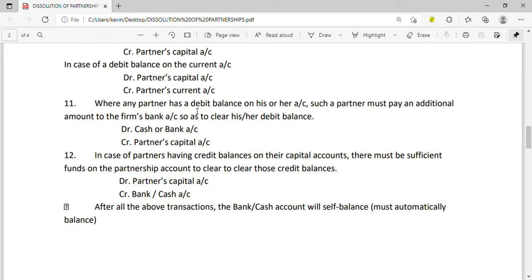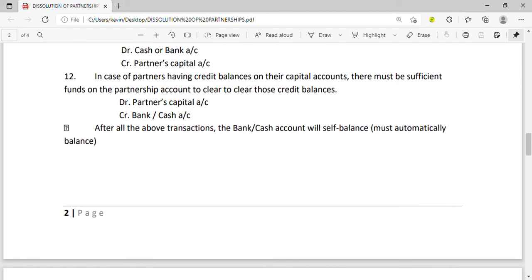So he has to bring more money in order to clear his debit balance. In this case we debit cash or bank because the partner is bringing in money, and we credit the partner's capital account.